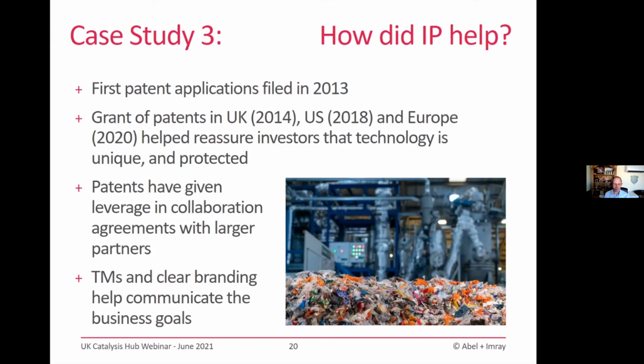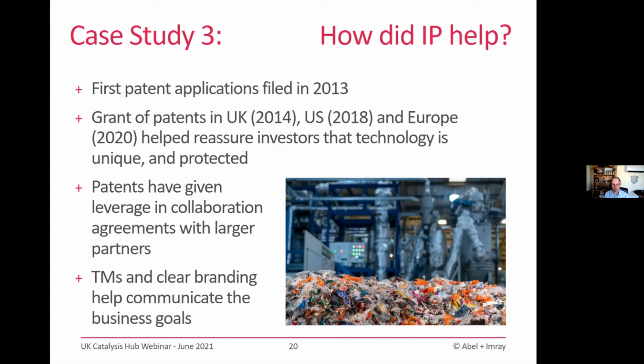Alongside the patents, there are some trademarks as well. There's the name and the logo, and also, I mentioned earlier, they're calling their product plaques. Some of the value in that is being able to clearly brand their product and what they're doing, and it helps communicate what the goals are of the business.